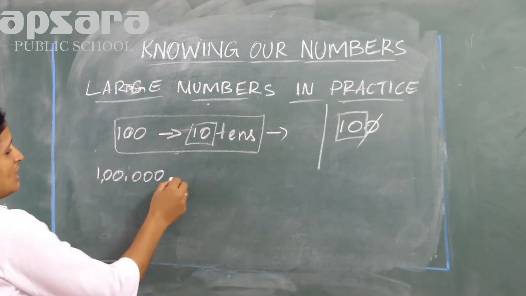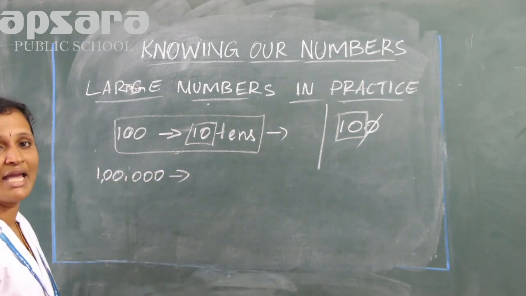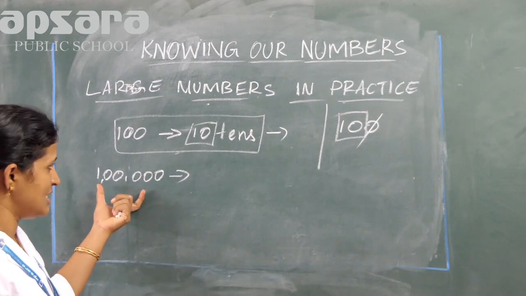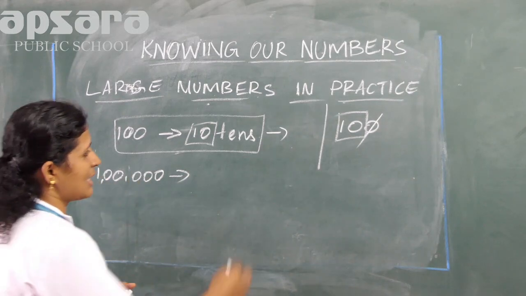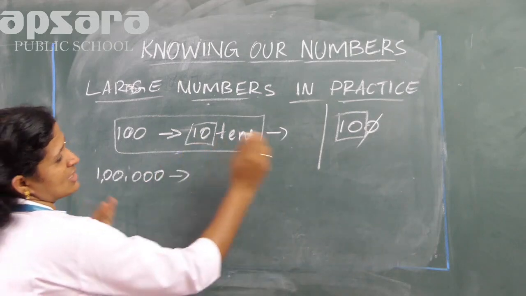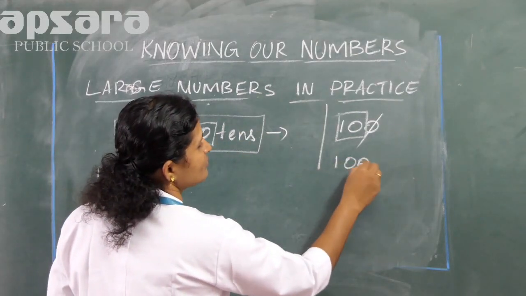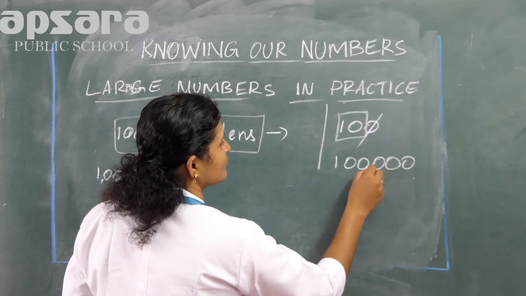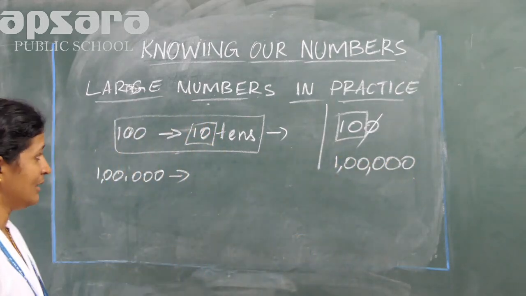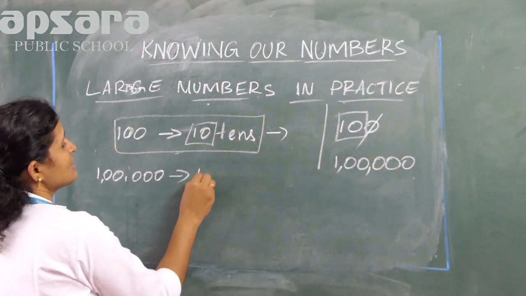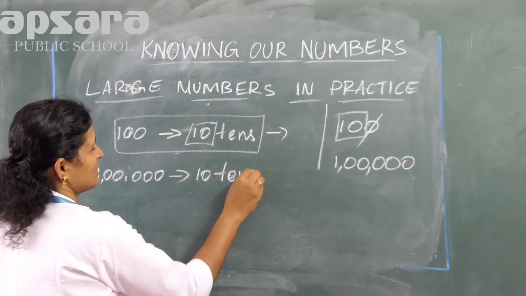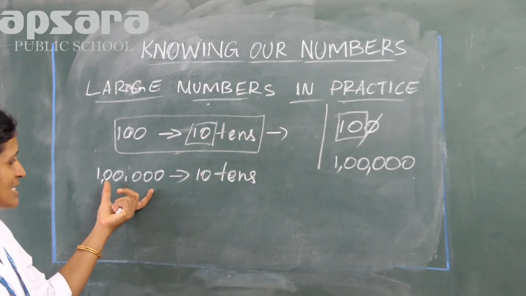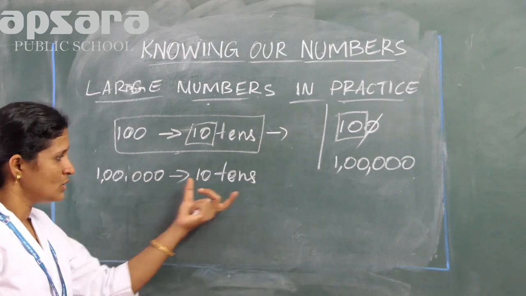Now look at the next question. 1 lakh. And the question is, how many tens are there in 1 lakh? So what is the easy method I told you? That is, write the given larger number on the reference side. Then, to which number do they ask you to split? Tens.